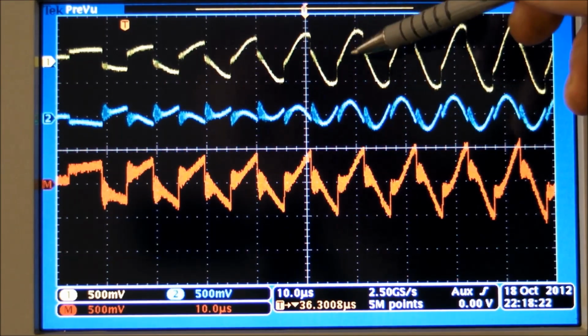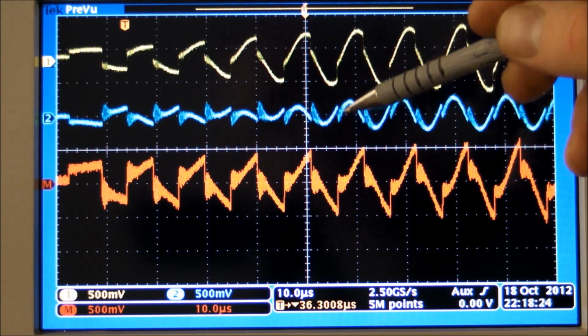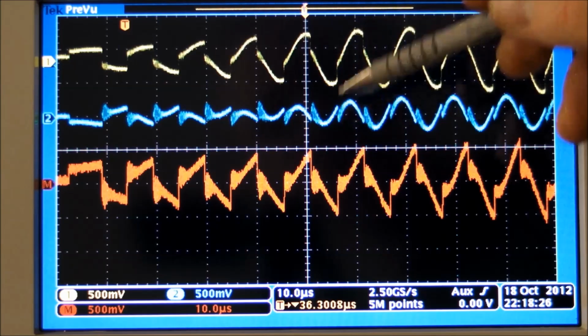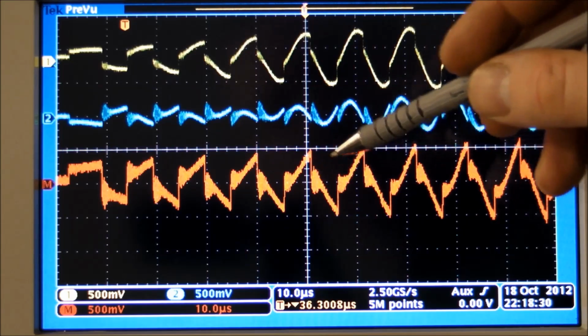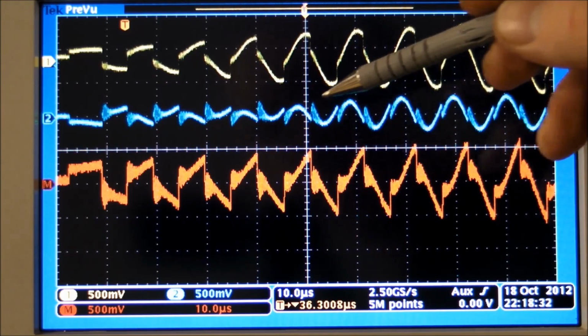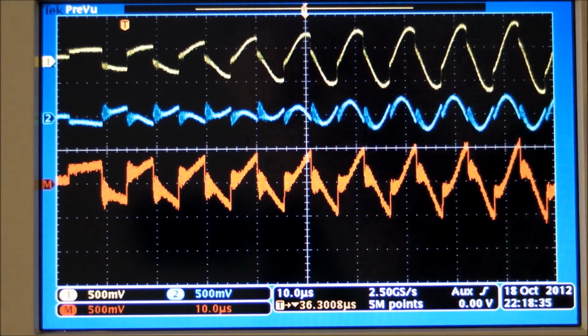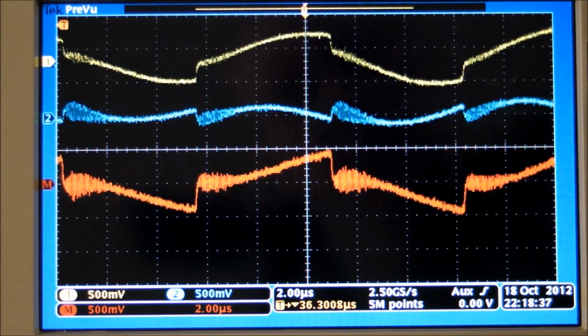I was expecting each of these to be simply a square wave, 180 degrees apart, and then the math function would simply be another square wave with twice the magnitude as each one of these. But that's clearly not the case. You can see there's kind of a square wave function to it.